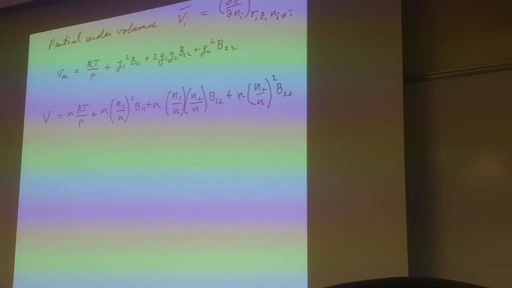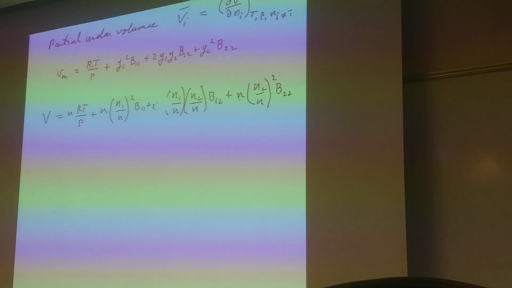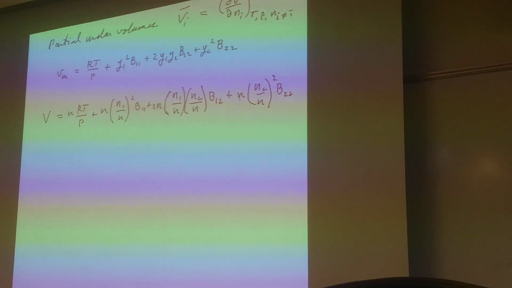Yeah, so I've multiplied by n, and then I've replaced all the mole fractions with what they are in terms of n over n, n1 over n or n2 over n. Are you missing a 2 in the middle? Next to the 2? Oh, thank you. It's so easy to screw that up, so I'm counting on you for that. How about now?